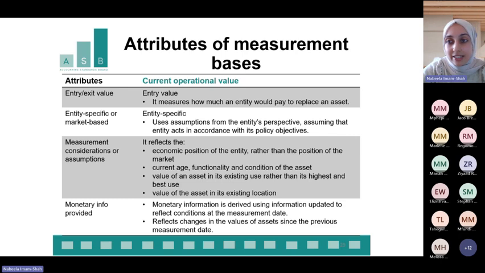Existing use of the asset is the way in which the asset is used, and it also generally reflects the policy objectives of an entity. So here, if we look at an example of the Department of Health, where they have buildings that are used for hospitals, these are used to deliver services instead of commercial purposes.